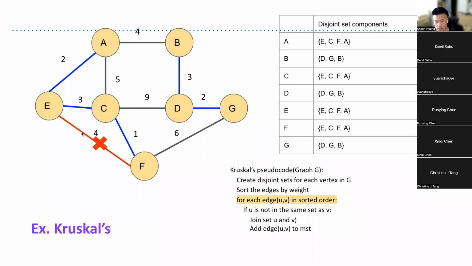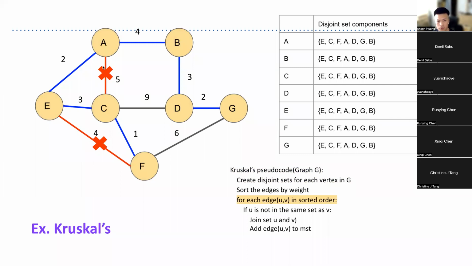And then the next shortest edge is 4. However, we don't want to add E and F together because they're already in the same set, right? E, C, F, A, they're all in the same set. So we're just going to ignore this edge right here.